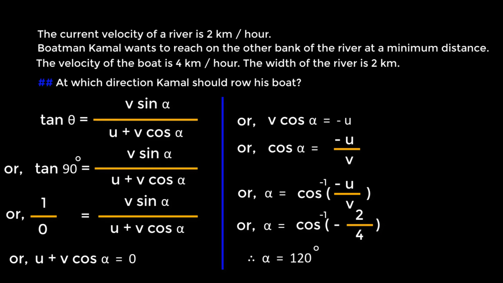Therefore, alpha equals 120 degrees. That means Kamal should row his boat at an angle of 120 degrees with respect to the current velocity.